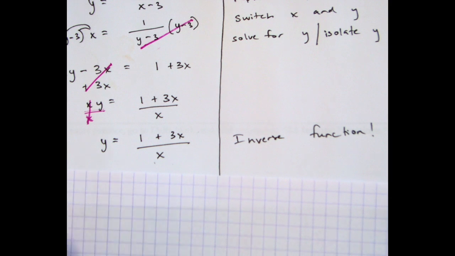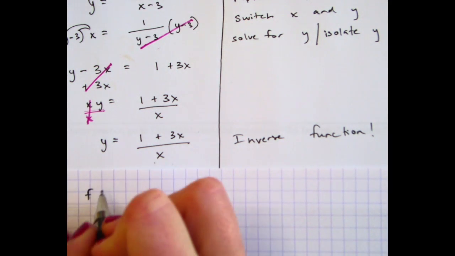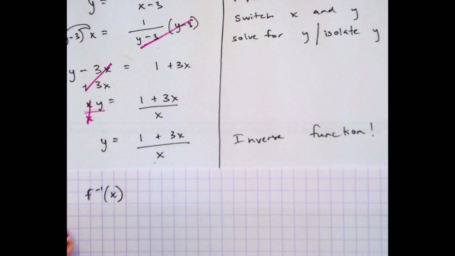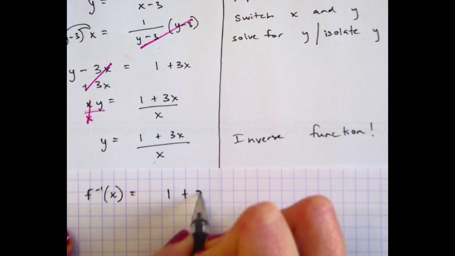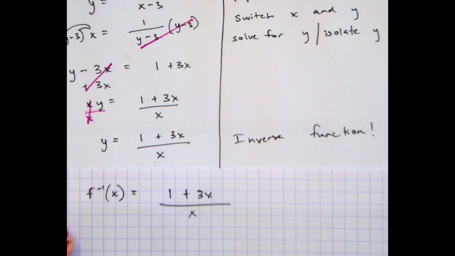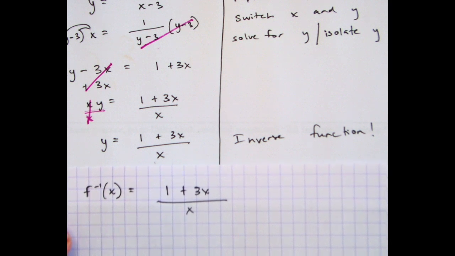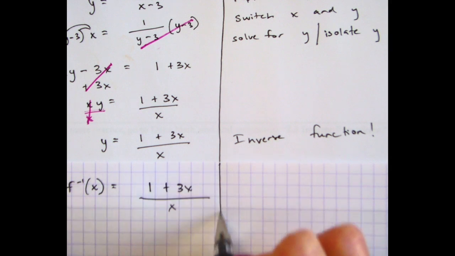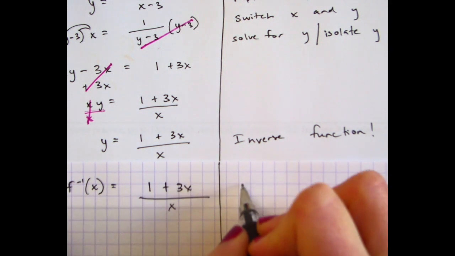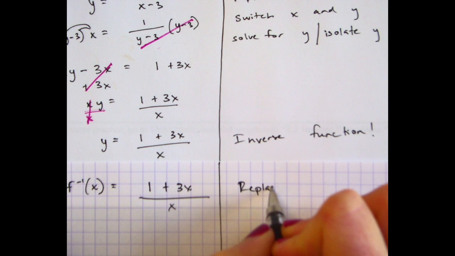So I might just rewrite it as, this is my inverse function, 1 plus 3x over x. So what did I do? I replaced y with the inverse of f of x.